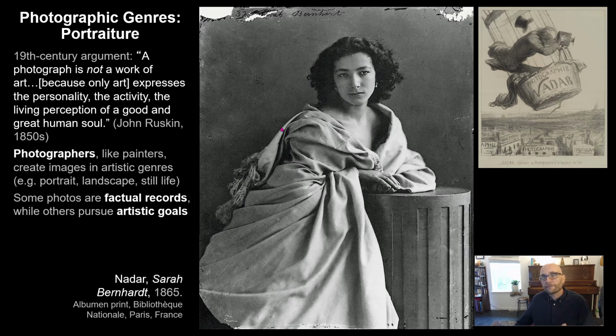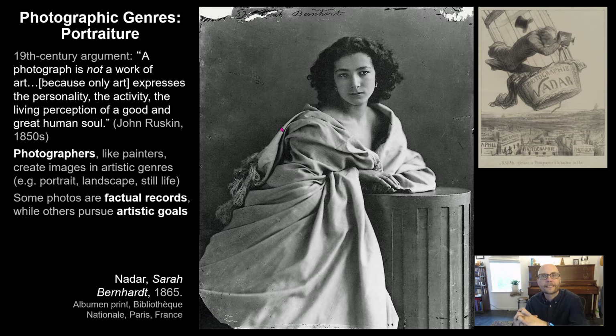And some of the first photographs produced in this stage of commercial photography in the 1850s and 1860s are portraits. Now, the earliest portraits in the 1850s, 1860s, you still have to hold still for some time. You can't move.